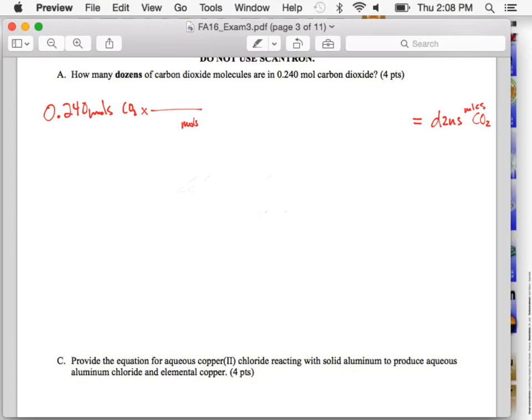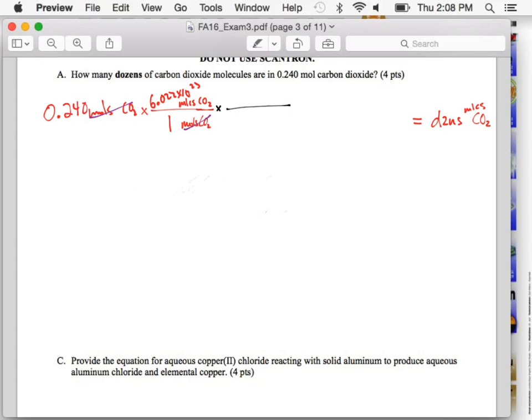So moles of CO2 to molecules of CO2. What is our conversion factor between those? 6.022 times 10 to the 23rd molecules is 1 mole. What unit do I now have? Molecules of CO2. Is molecules of CO2 the same thing as dozens of molecules?